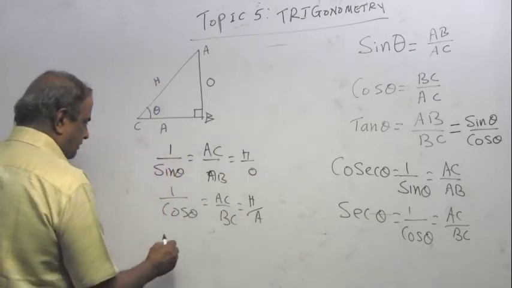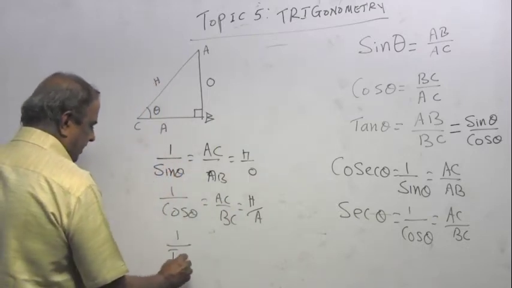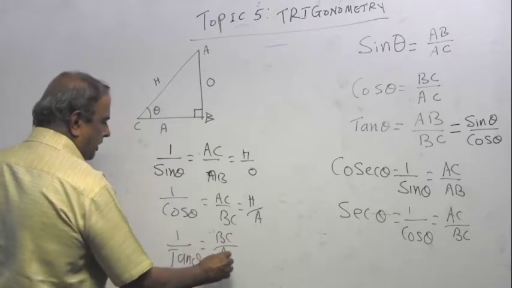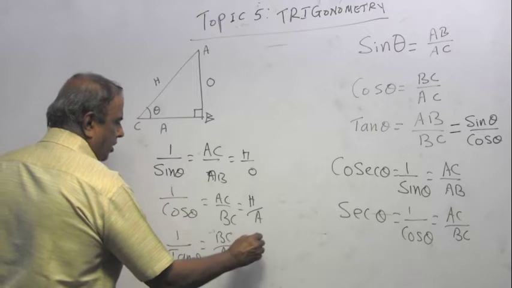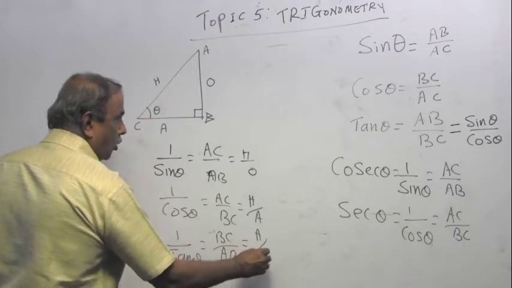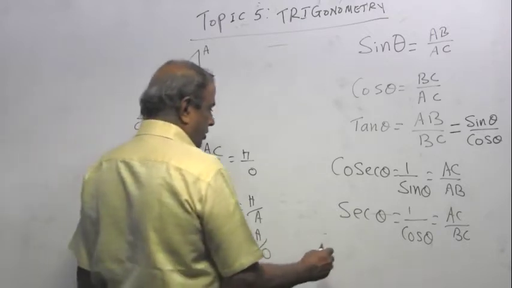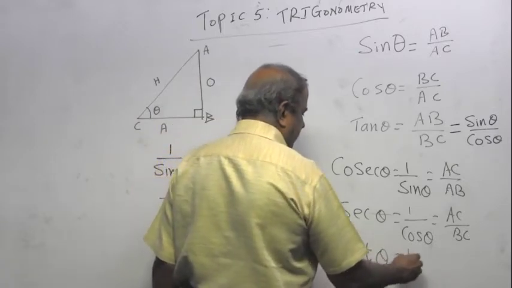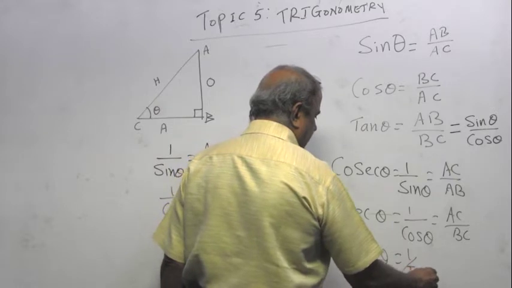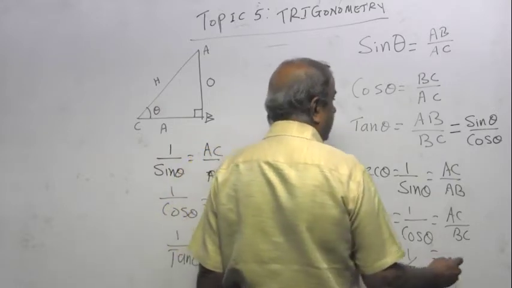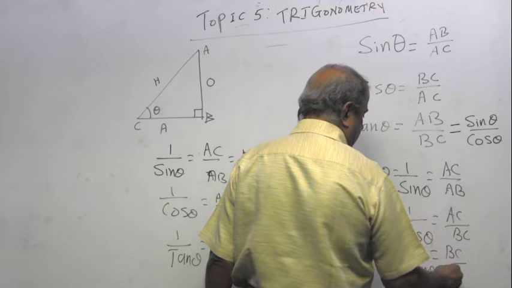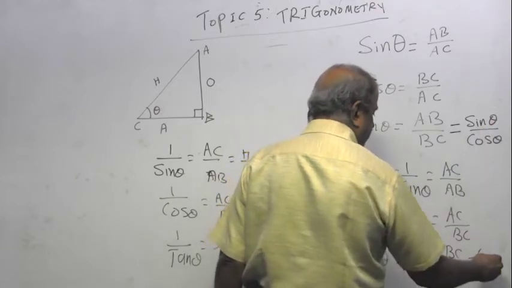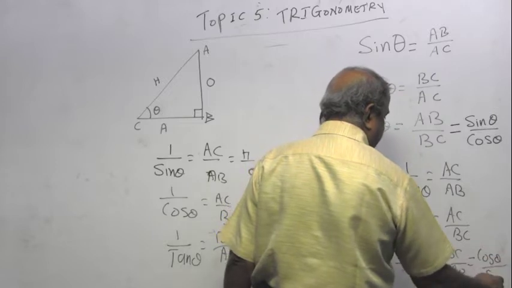And also, we do 1 over tan theta, which is adjacent over opposite. We call that cotangent theta, or cot theta, which is 1 over tan theta, which is BC over AB. It is also cos theta over sine theta.